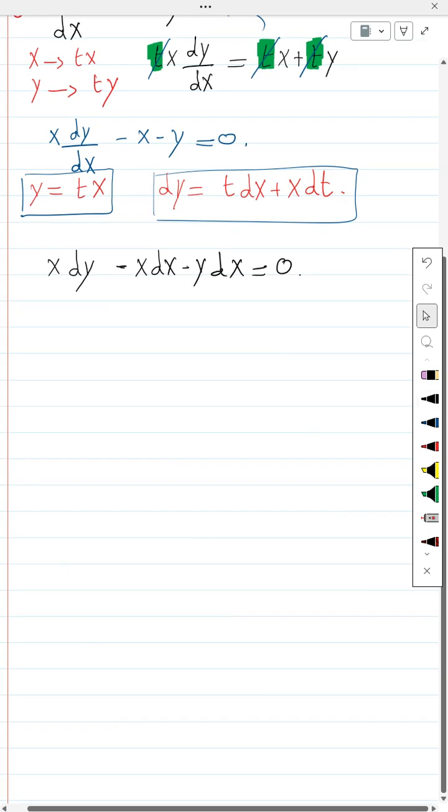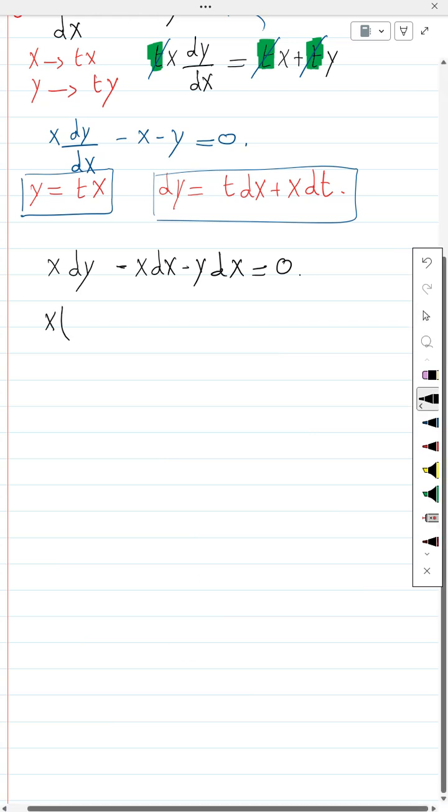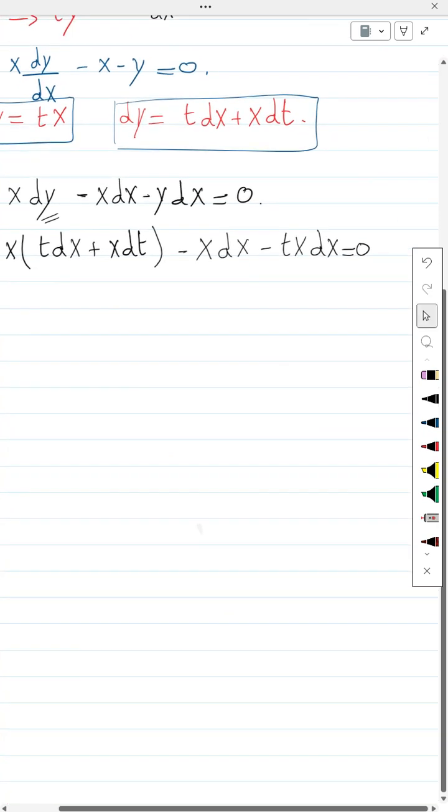By replacing every y by tx and every dy by t dx plus x dt, we get x times (t dx plus x dt), minus x dx, minus tx dx, equal to 0.